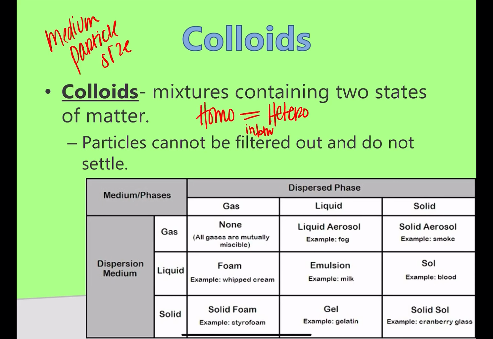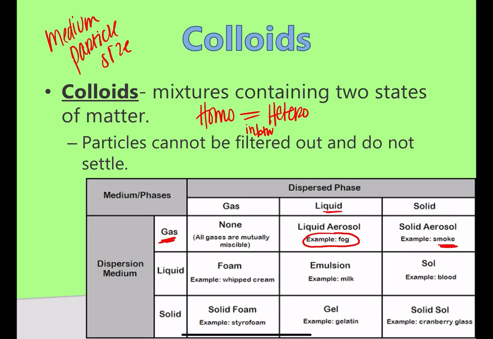So for example, fog. In fog, you have a gas medium, but it has liquid particles in it. You have liquid rain in that gas, and that makes fog, okay?